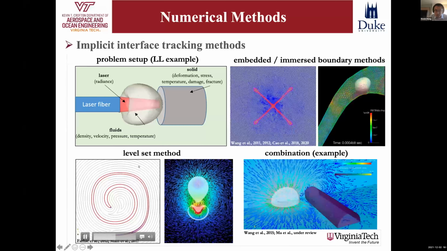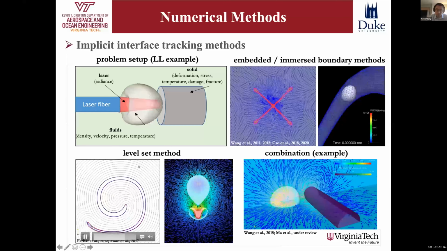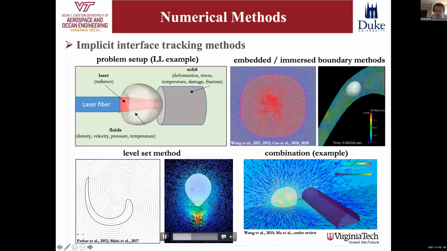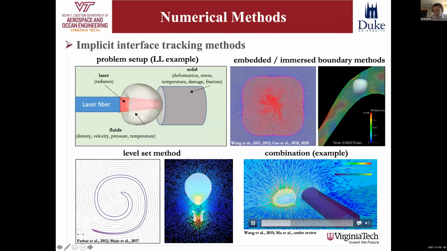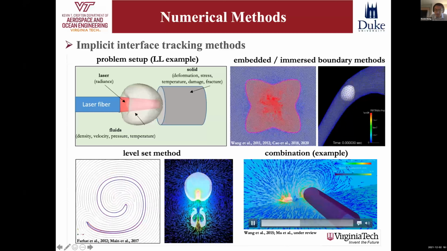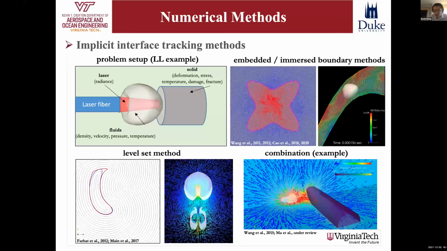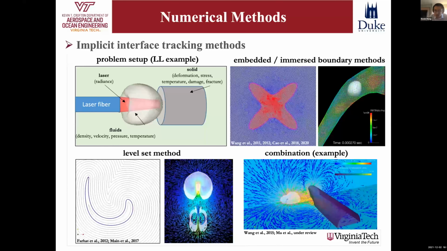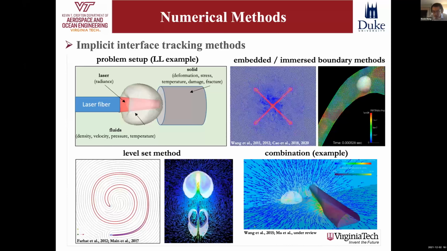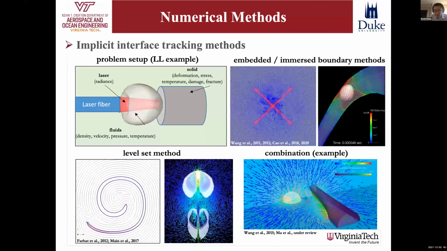We use the level set method to track the interfaces between different fluid materials, such as the boundary of the surface of a bubble. And this is an example that shows the combined use of embedded boundary and level set methods. These are relatively recent numerical methods that get used in modeling of lithotripsy.